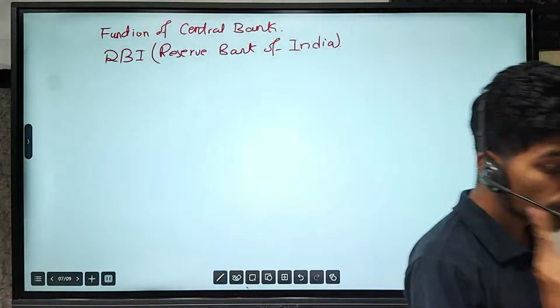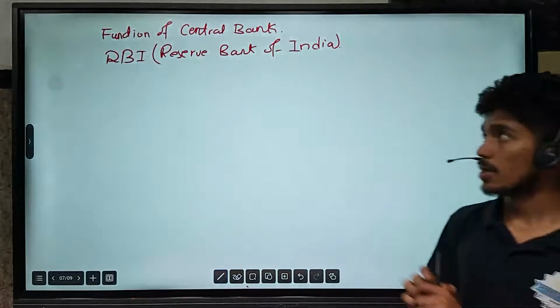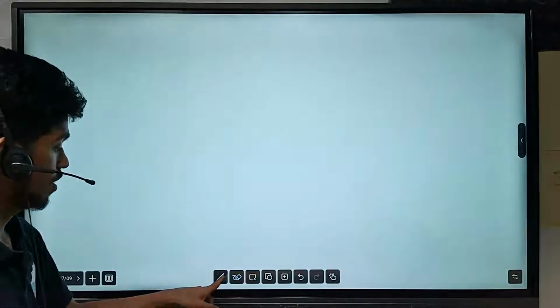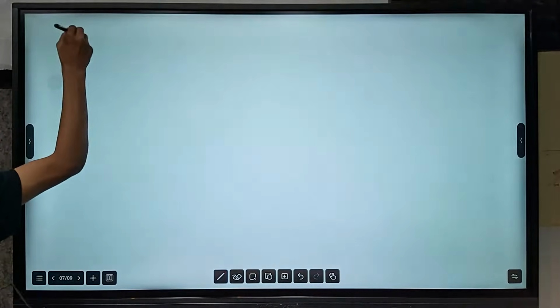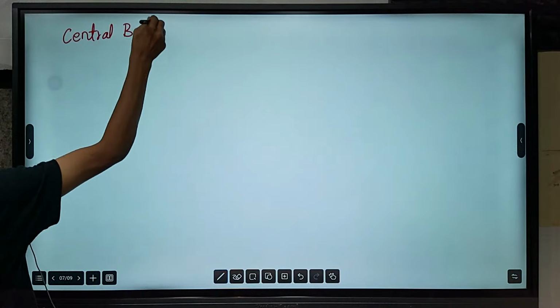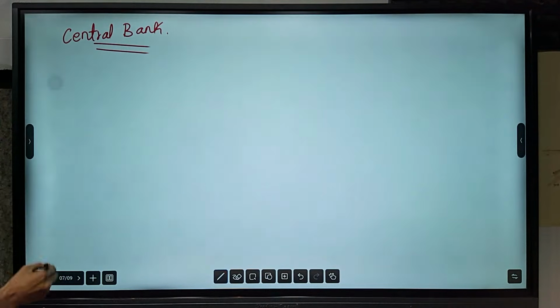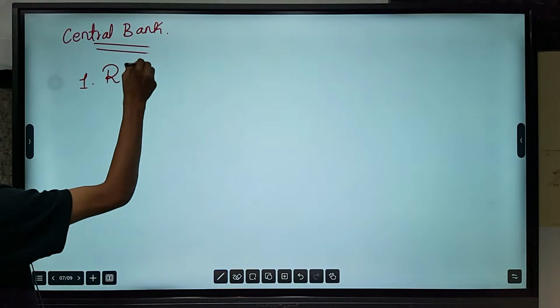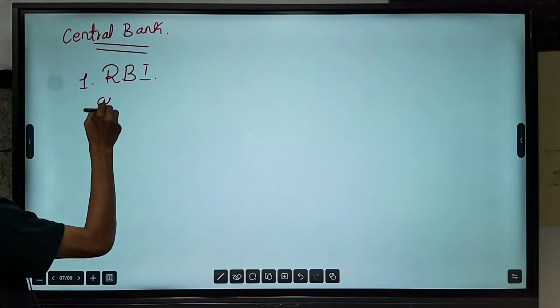Every country has one central bank. Okay, I'll write it in a proper way. Central bank. India has only one central bank, that is RBI, Reserve Bank of India, which is called the Apex Bank.